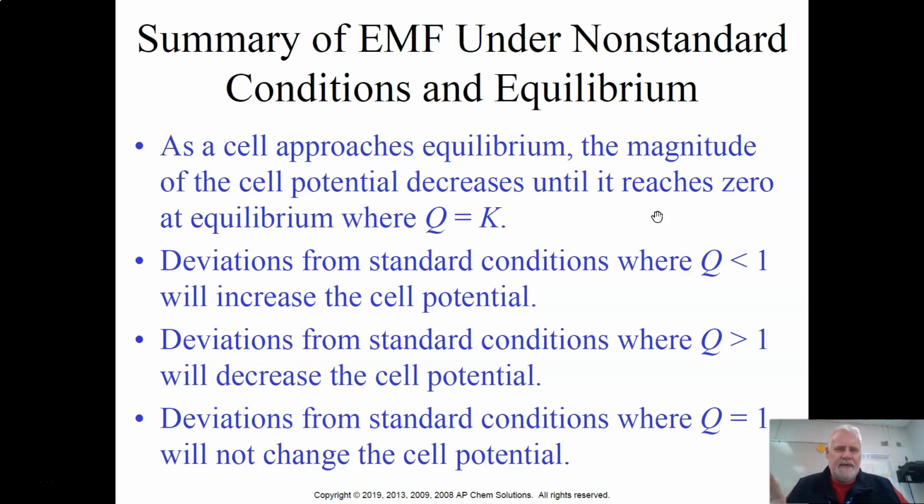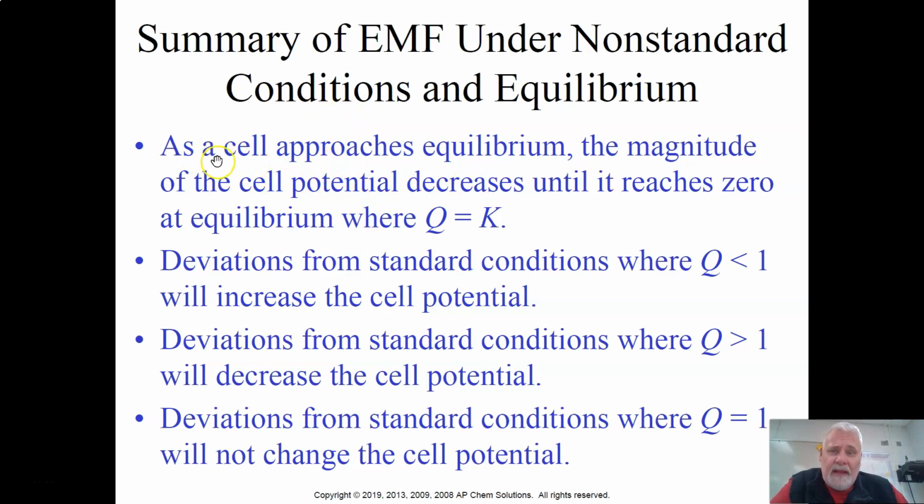Now, this is a very good summary. I don't think I've asked you to do this yet, but we're going to highlight each statement and go over each statement. And then you're going to say, if you want a good summary of EMF, the electromotive force under standard conditions, when it's in non-standard conditions, this is a great summary.